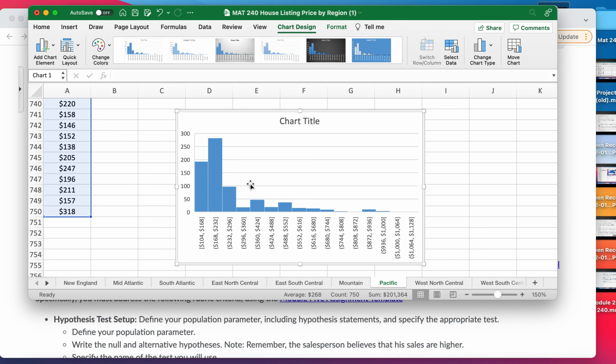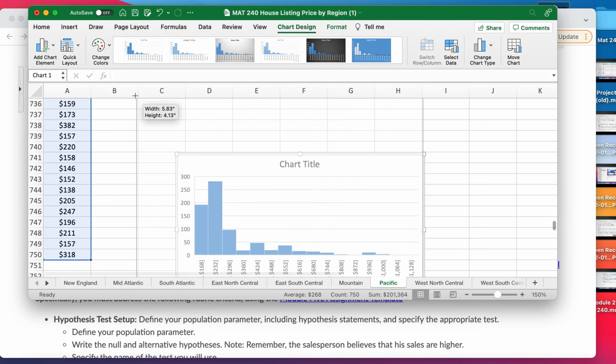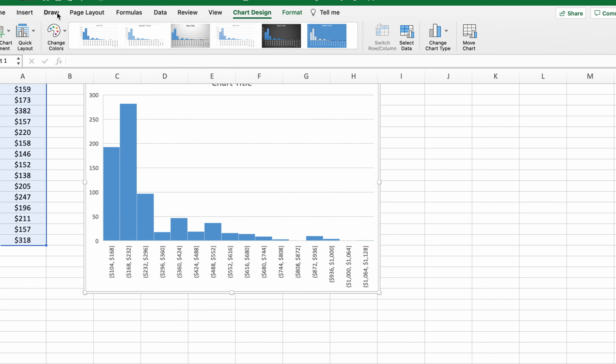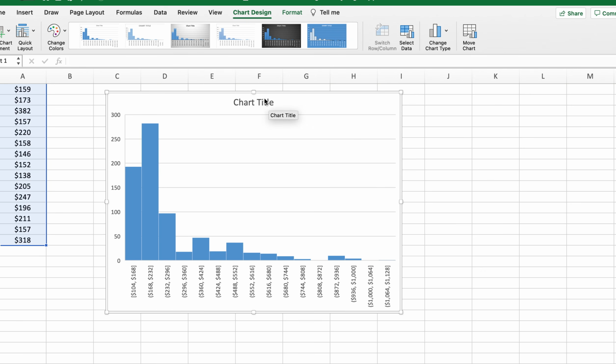Let's see what this looks like. Now, what does all this mean? First I'm going to give it a title. Click in the box. This is cost per square feet.